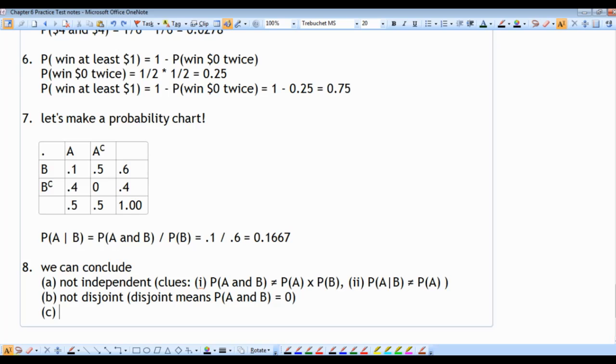C. A or B always occurs. Yes, this is true. Because A complement, B complement are 0? Yes, since the probability of A complement and B complement equals 0.